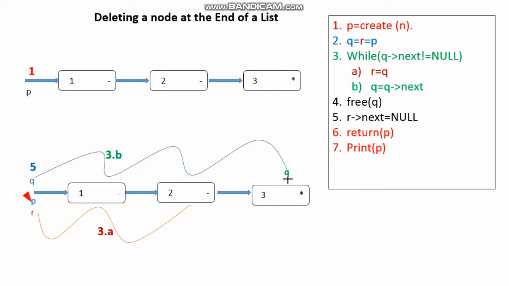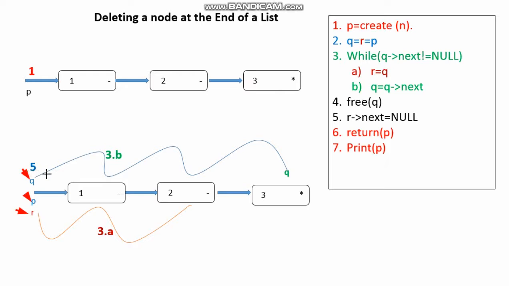I need to cut this branch away, but I should know my previous node. So I'm going to keep 2 pointers for this. Initially both the pointers are kept on P, so we have Q and R both pointing at the beginning. So we have this line Q equal to R equal to P. That means 2 are going to point at the beginning of the linked list.